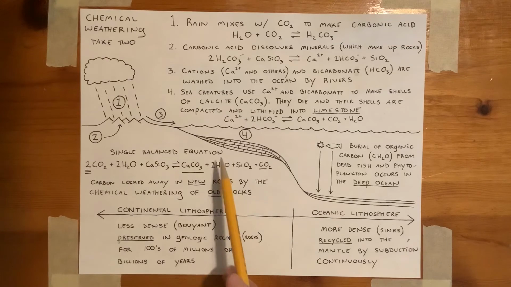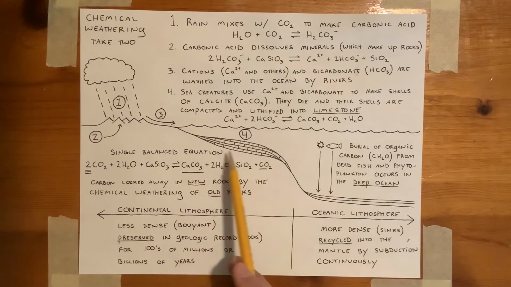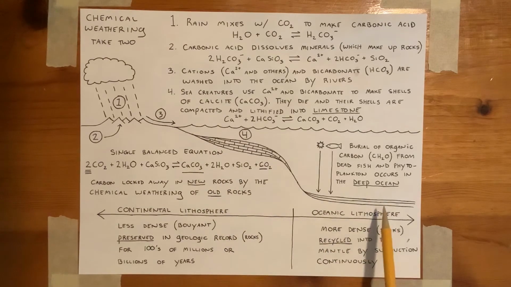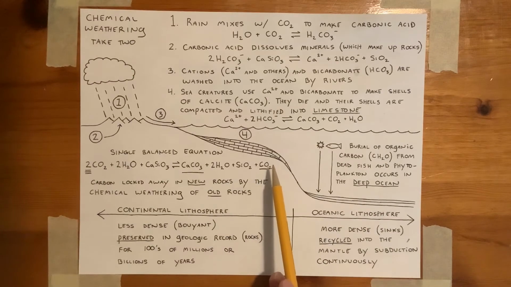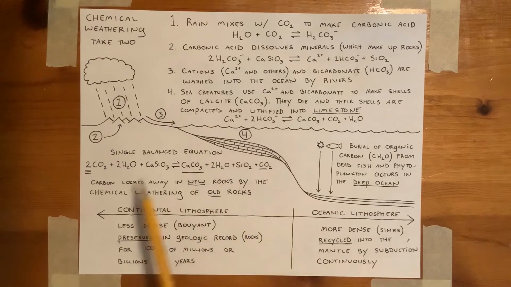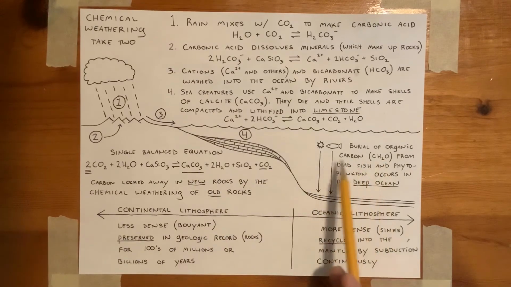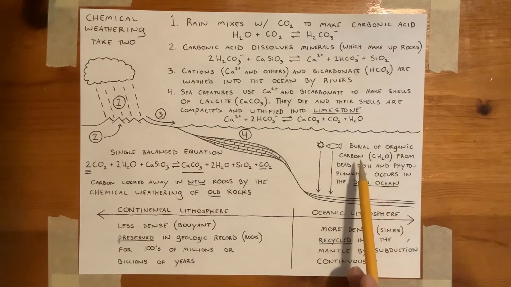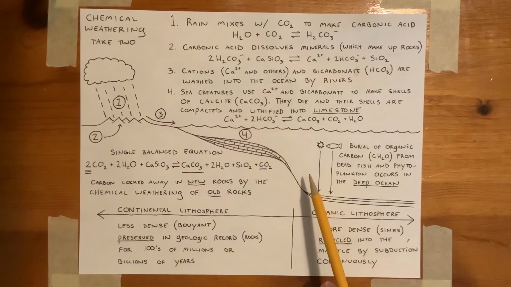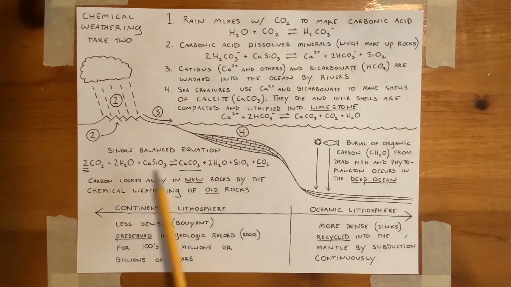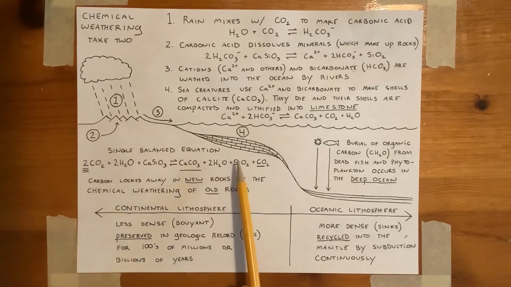And so where our carbon gets deposited in the ocean is going to be a very important difference for determining how CO2 is pulled out of the atmosphere or pulled out of the organic reservoir and moved around in the Earth system. So this process, chemical weathering of rocks and formation of limestone in shallow seas, takes carbon dioxide out of the atmosphere and stores it in rocks.